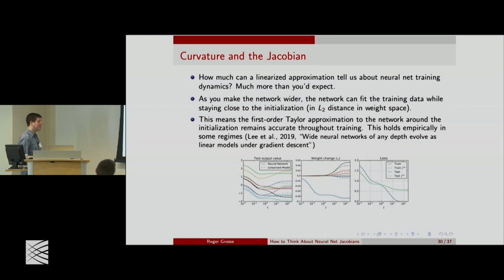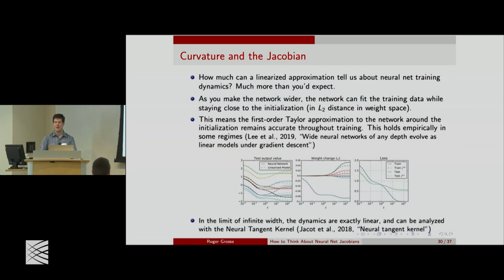But if you're in that regime, then throughout training, everything is very well approximated by the first-order Taylor approximation around the initialization. This plot shows the values of different outputs of the network. The solid curve is if you train the actual network. The dashed one is if you train the linearized approximation. And they match almost perfectly. And you can look at the training and test loss as a function of time, and those match almost perfectly. So it's kind of surprising how powerful this approximation is.